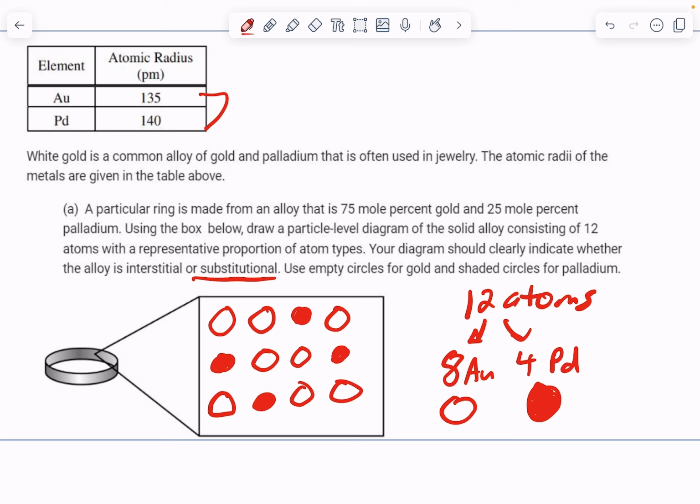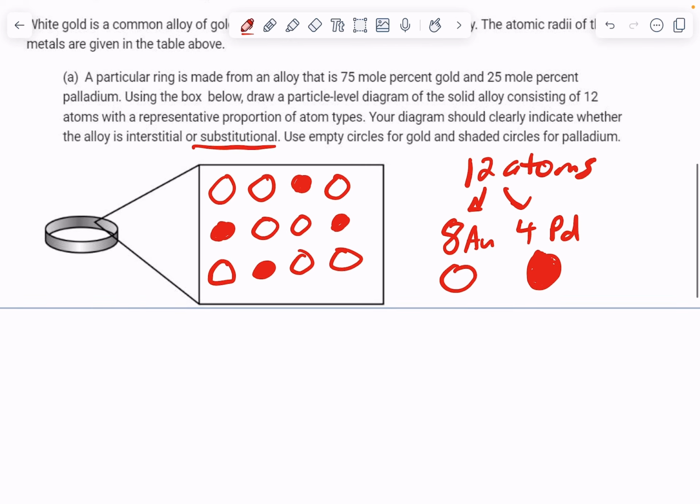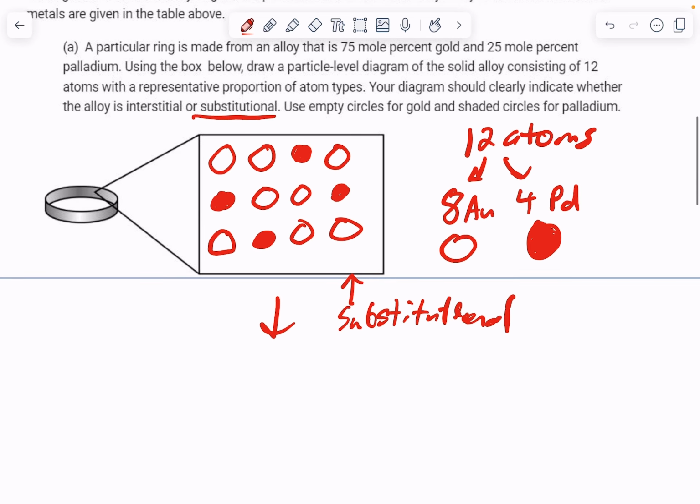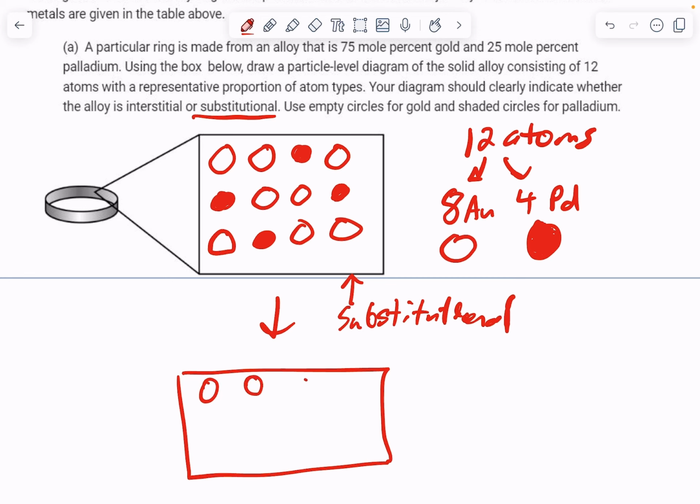Let's say there was an interstitial representation I needed to do of this. I'll do that below to keep it separate. So this is substitutional, and that's because they have about the same radius. But if I had an interstitial, let's say the gold was a lot bigger and the palladium was much smaller, then in between these spots I would have the palladium.